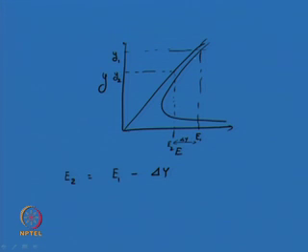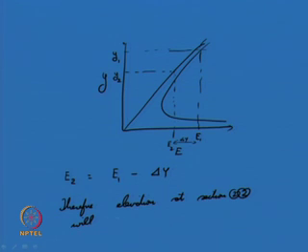That can be seen from this particular graph. Therefore, the level of the water surface will reduce at section 2.